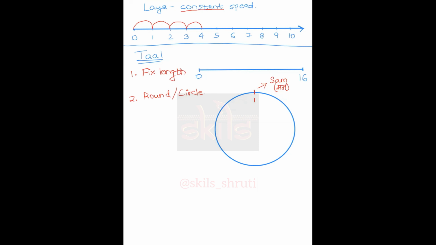Now we are going in circles. We are going from 1 to 16, 1 to 16. To make our life a little bit easier, we have divided this circle into 4 quarters. It becomes easier for us to count four times. So now where the new group is starting, we are going to mark it using a clap.